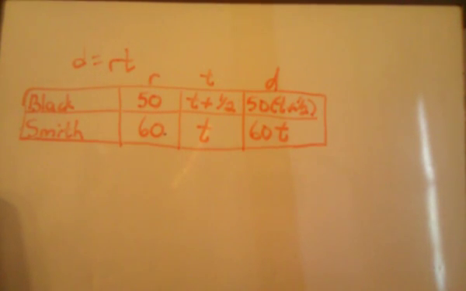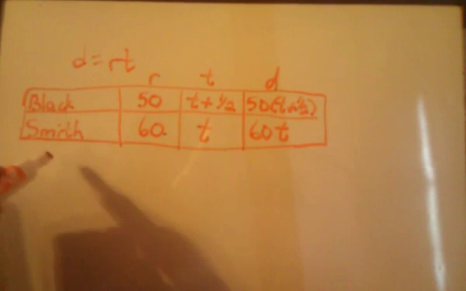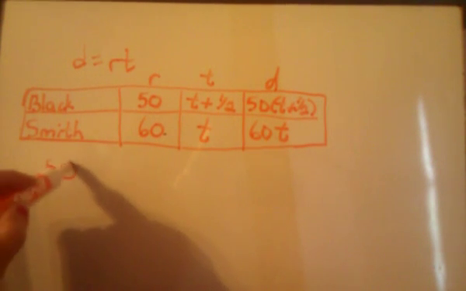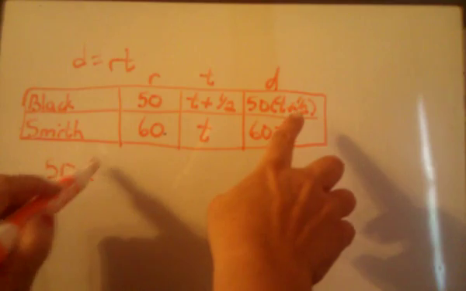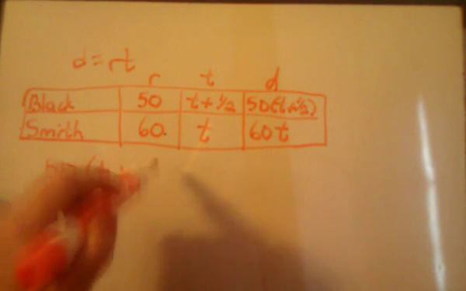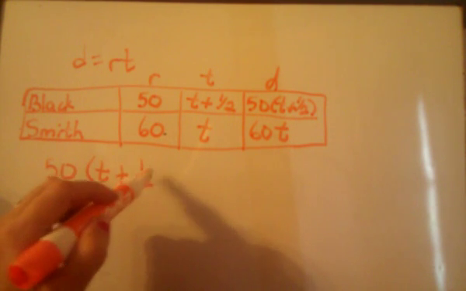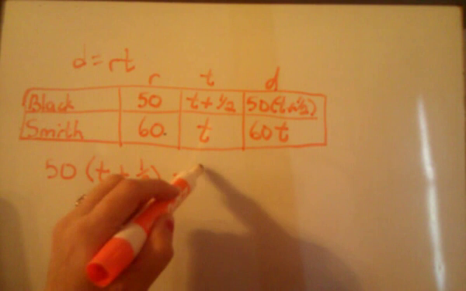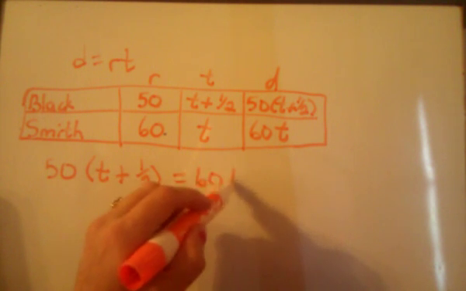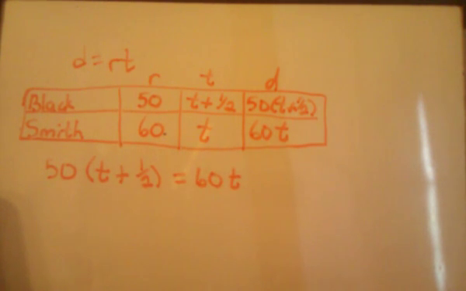So what I'm going to do is set them equal to each other. Either that or subtract them and equal 0, whichever way you want to do it. I'm going to set them equal to each other. 50 times the quantity t plus 1/2 equals 60t.